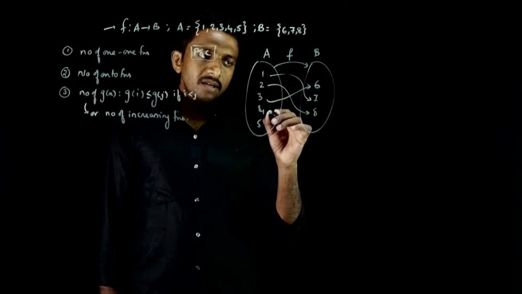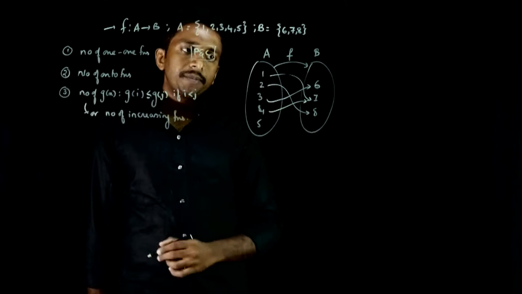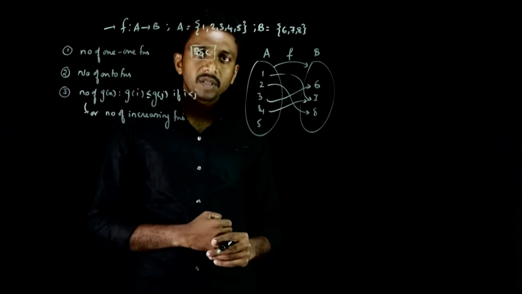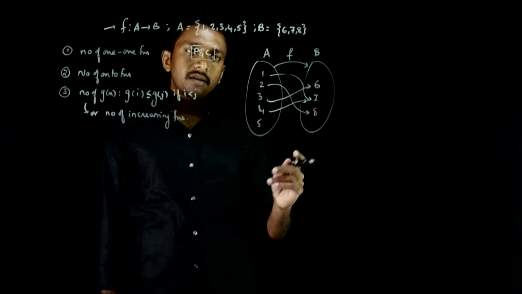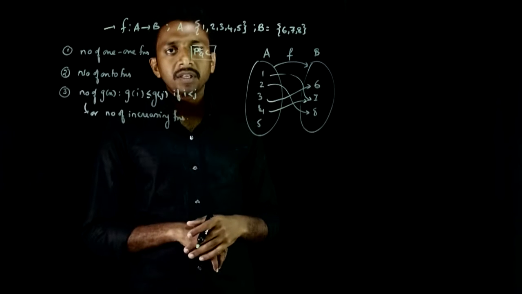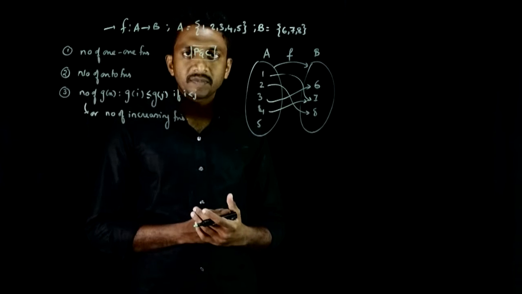इसका मतलब क्या है? इमेज जो है वो रिपीट हो रहे हैं. Can you see this? So 1 and 4 का सेम इमेज आ गया. So इसका मतलब क्या है? अगर कोडोमेन में डोमेन से कम एलिमेंट्स है तो आपको one-one फंक्शन हो नहीं सकता है. समझ रहे?